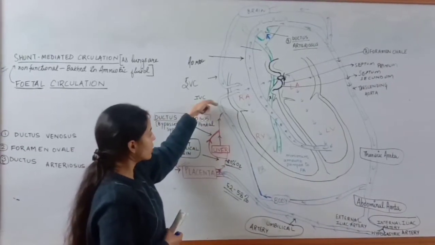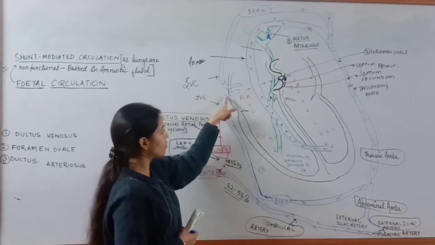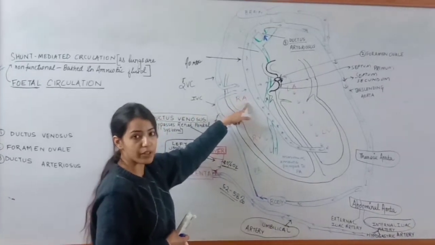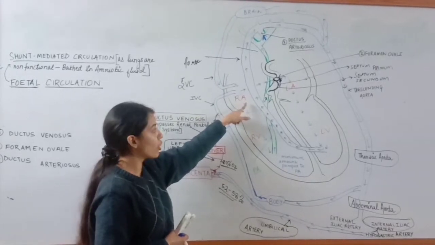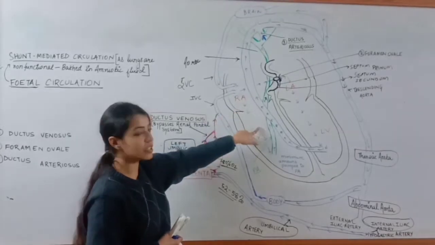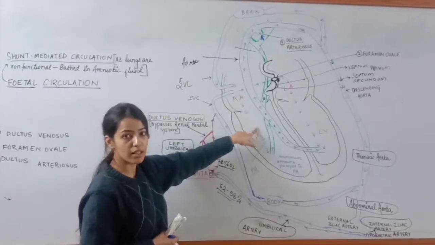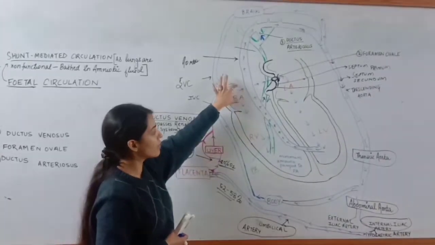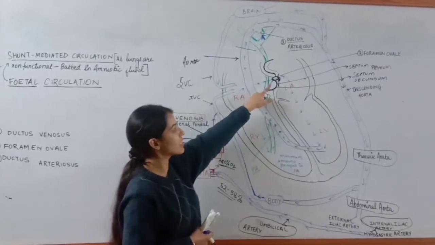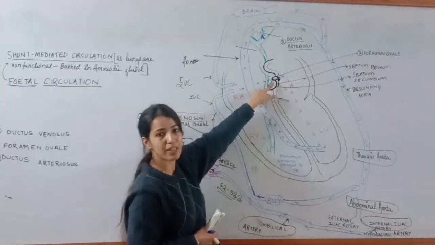Now further, this blood going into the inferior vena cava finally comes into the right auricle. In a normal adult, this blood should travel into the right ventricle, right? But here there is a modification. What is that modification? That modification is this structure which is present over here.